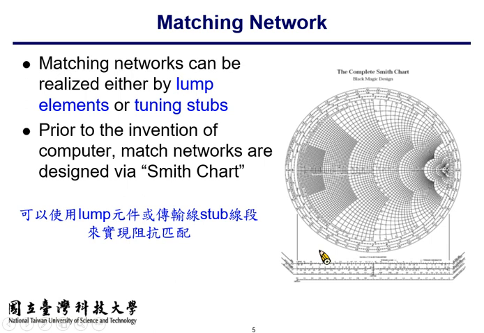Imagine that about 25 years ago, there was no personal computer. How would you proceed with the design of impedance matching? So the invention of the Smith chart is really helpful.